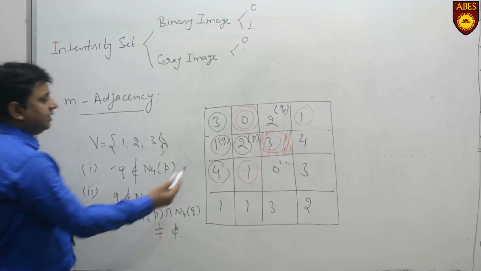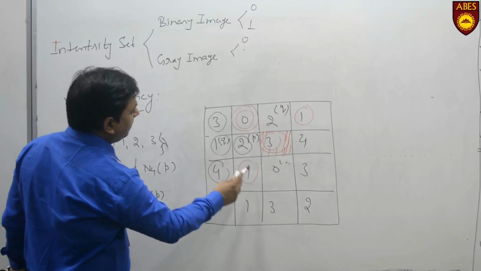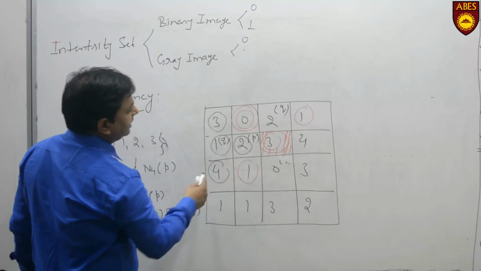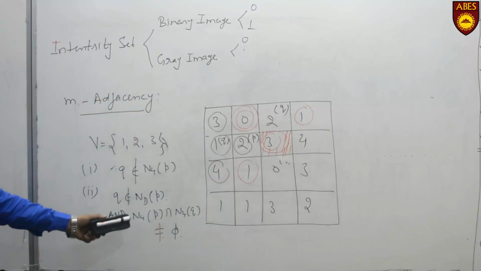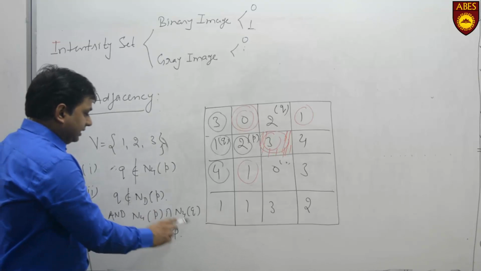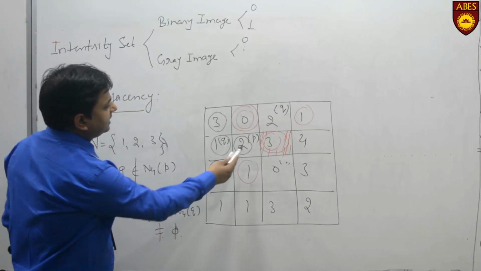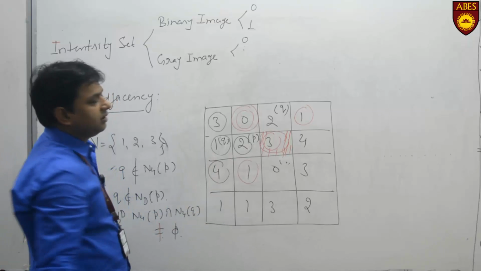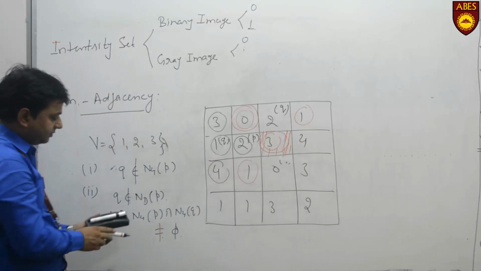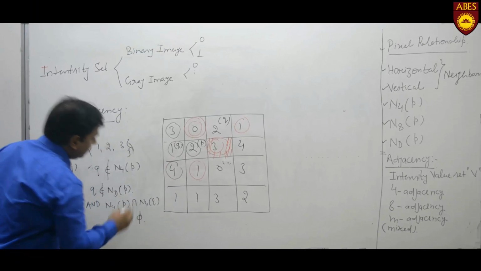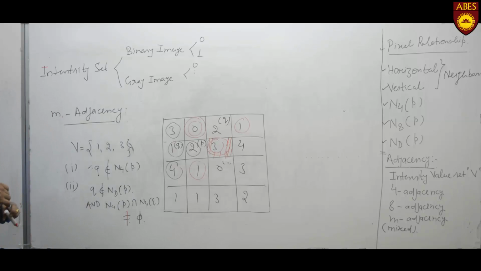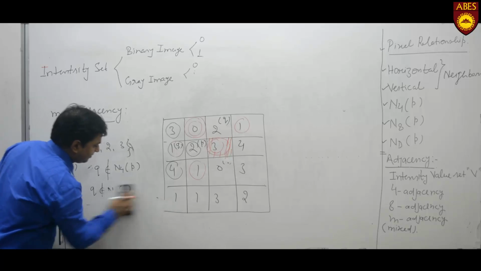So what we see here, that again there is no common pixel among the N4P and N4Q. If there is no common pixel, then we can say that pixel P and Q are M adjacent. So in this way we can find the adjacency relationship between two pixels.